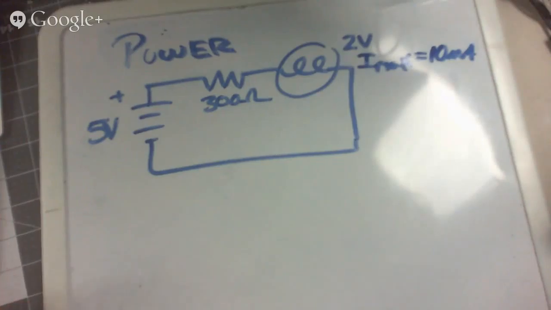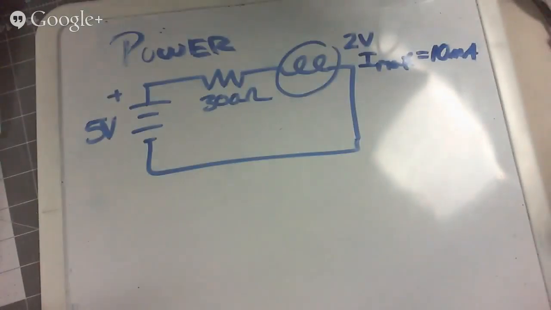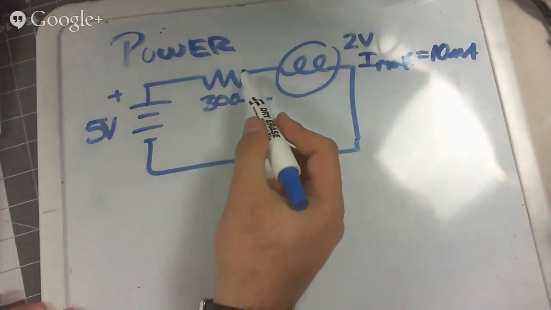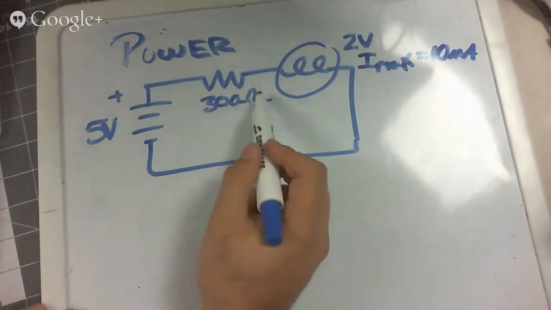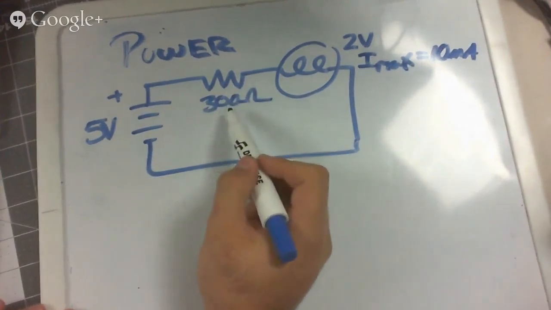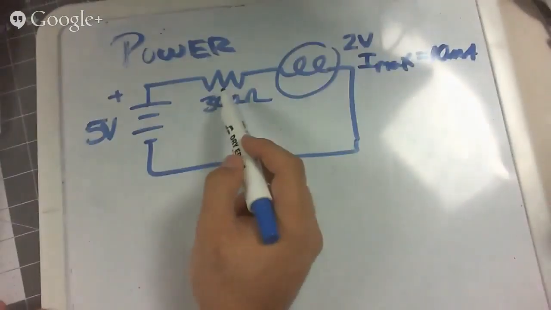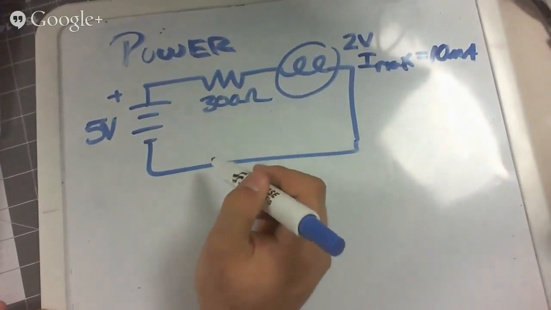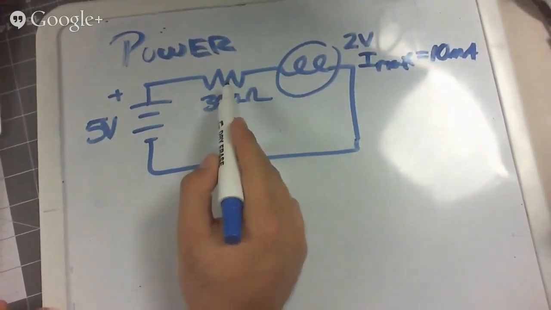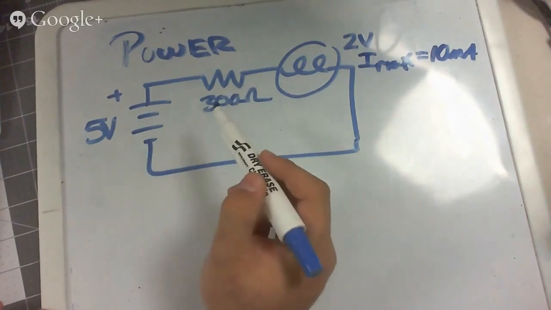So man, we thought we knew everything. But apparently there must be something that we're missing, and that's the power rating. So while we knew the resistor value in terms of its resistance, what we also need to know is how much power we expect it to dissipate as heat through this resistor.